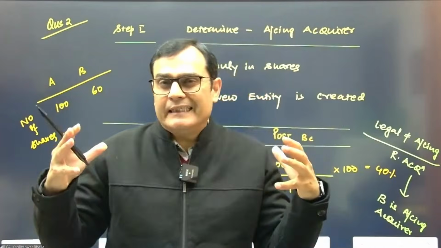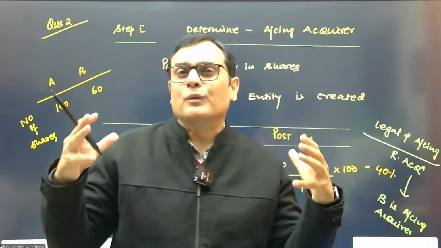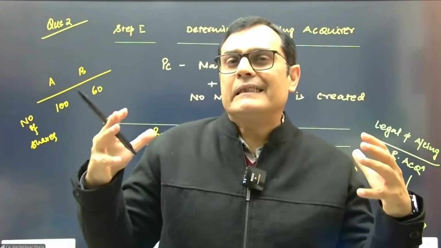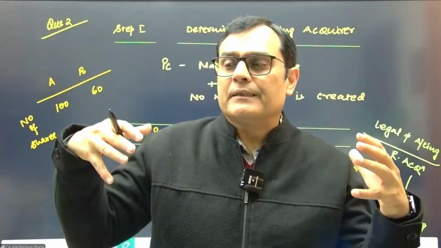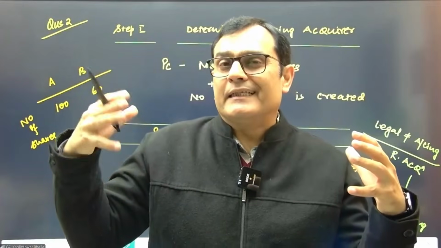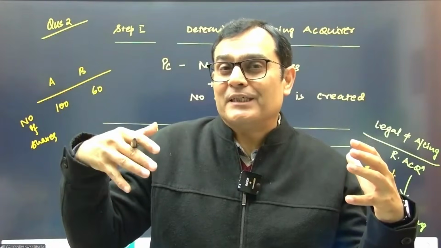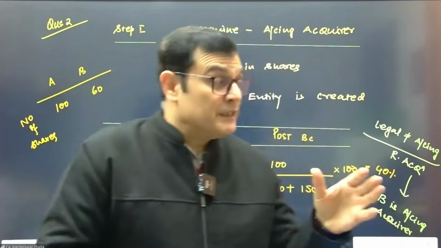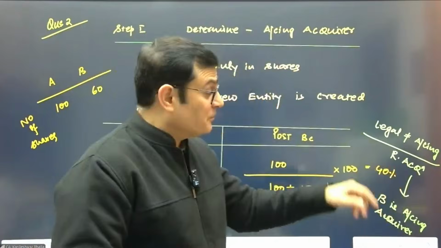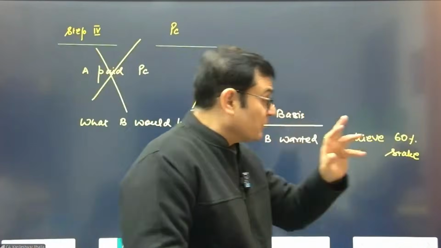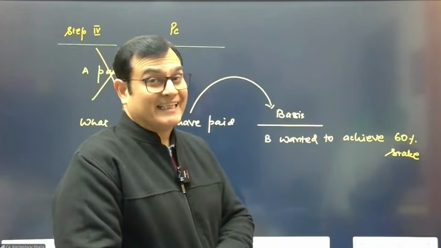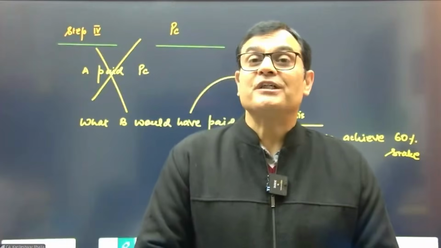That means the deal was structured in such a way, mind the words, that B always wanted that he should get a 60% stake in the post-business combination. So, therefore, this 40% becomes important because without this 40%, you cannot get what B wants to achieve.